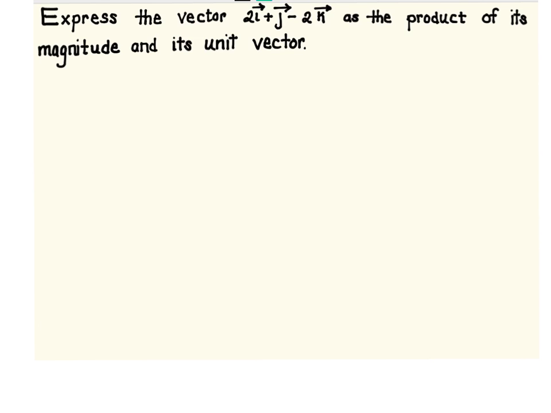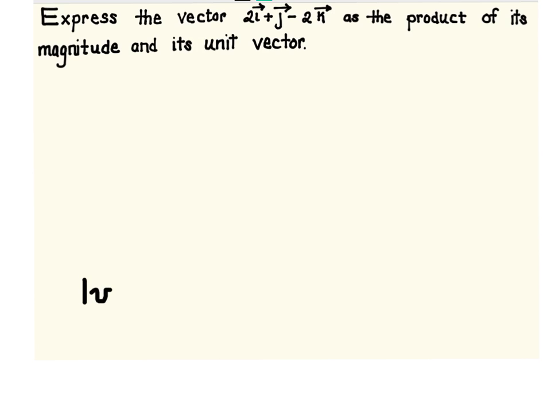So now we are going to try this in an example by expressing the vector 2i, 1j, negative 2k as the product of its magnitude and its unit vector. So the first thing we'll do is find the magnitude of v.